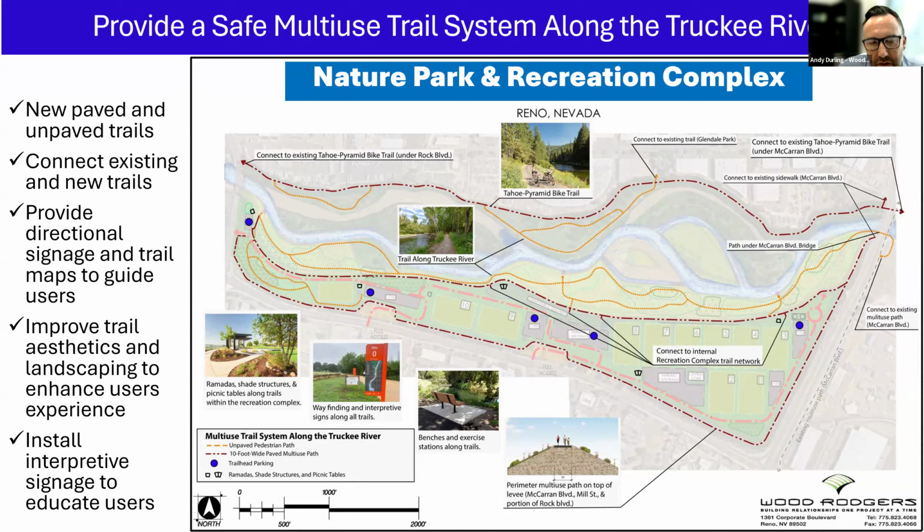If you think about a sports complex, you're going to have more paved or formal sidewalks between the fields themselves, providing ADA access to and from, say, the parking areas throughout. A lot of the amenities, as far as wayfinding, shade structures, and benches, would be consistent in this alternative as they are in the nature park on its own. Next slide.